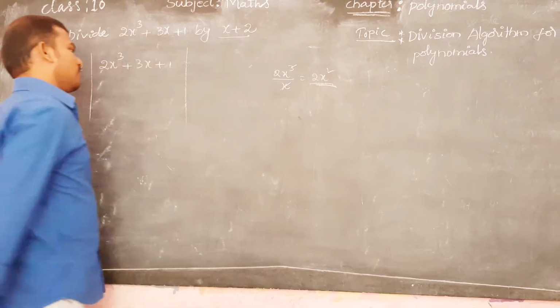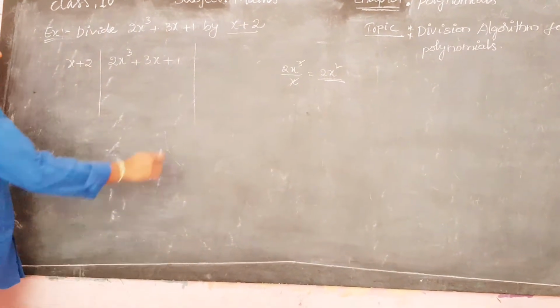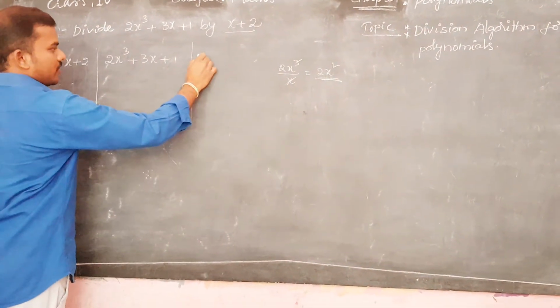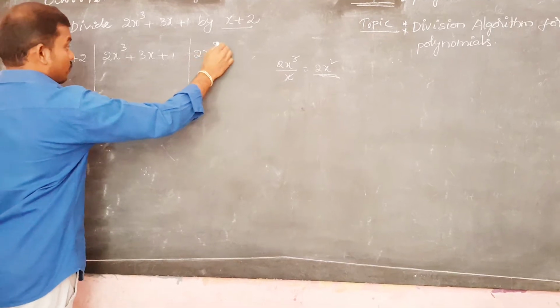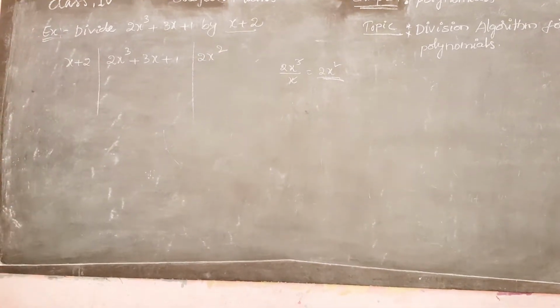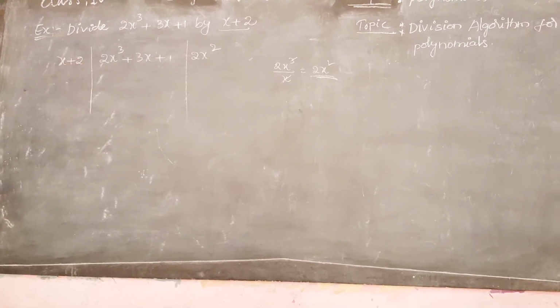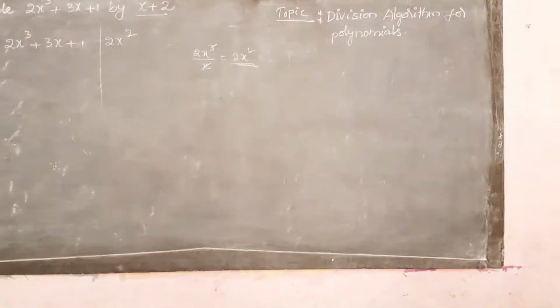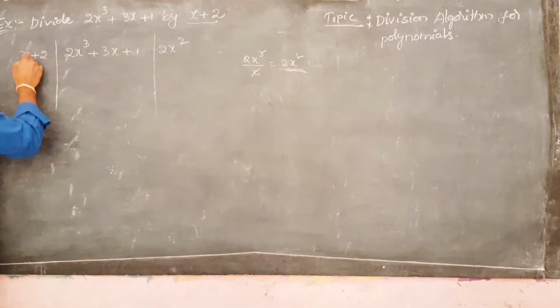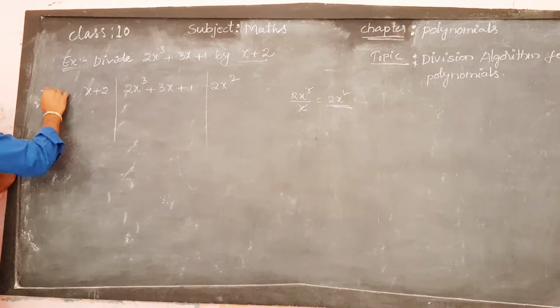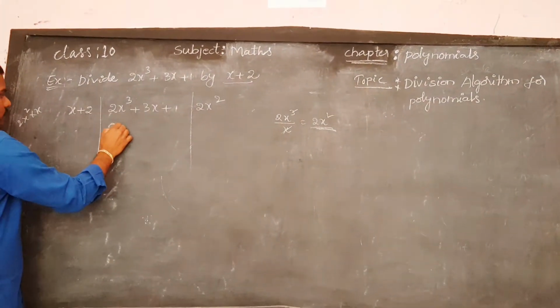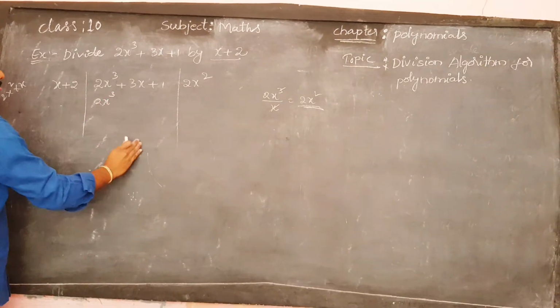So 2x square is taken as a term in the quotient. 2x square is multiplied by each term in the divisor. So 2x square into x equals 2x cube.